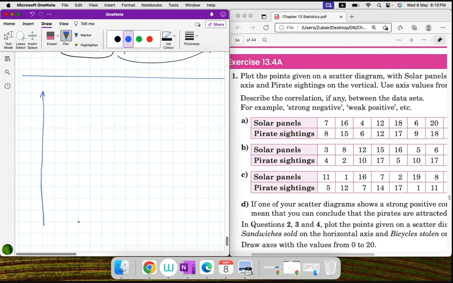Considering this as the y-axis and this as my x-axis, I'm using 2 for each box: 2, 4, 6, 8, 10, 12, 14, 16, 18, and this is 20.